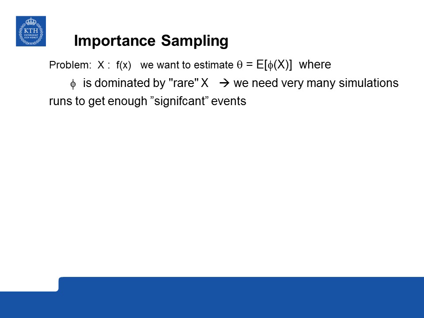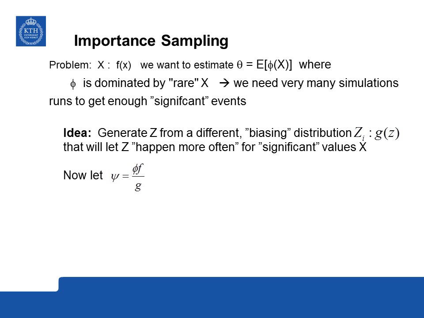So what is the trick that we apply here? Well, instead of generating x, we generate a different random variable, and we pick a different density function called g of z, which is called the biasing distribution or the biasing density.